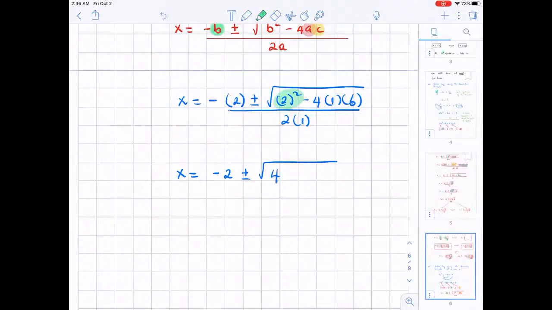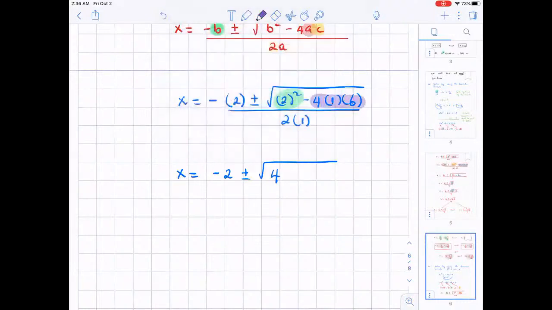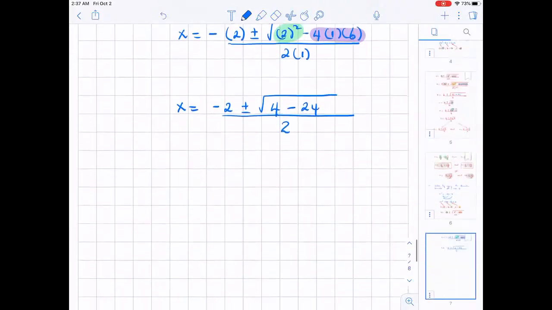And then when we multiply out all of this here, okay, minus 4 times 1 is minus 4, minus 4 times 6 becomes minus 24, everything over 2 times 1, which is 2. So simplify under the radical, we have minus 2 plus or minus the square root of negative 20 over 2.